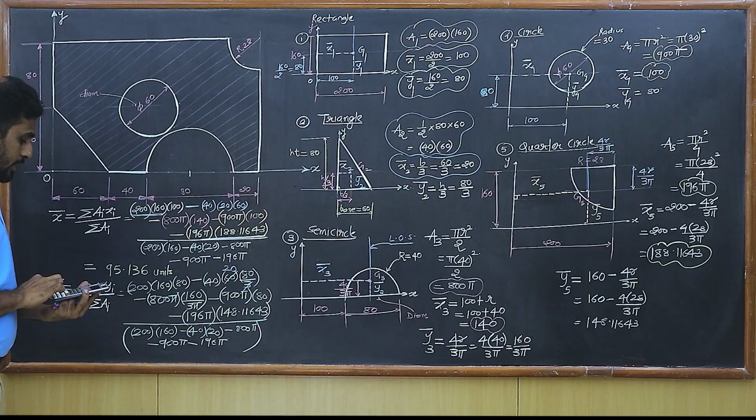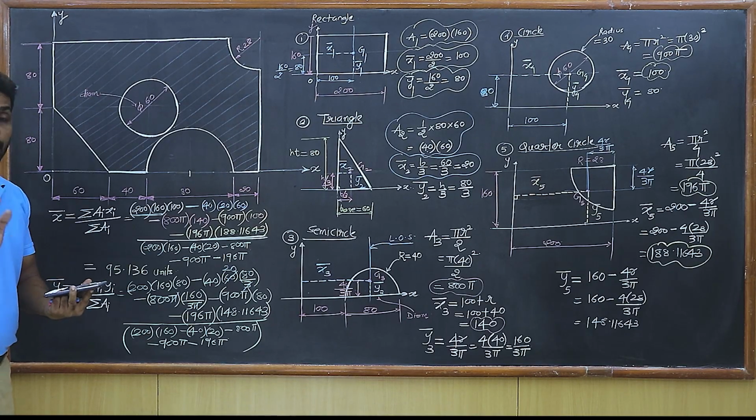Then minus of 800 into 160 divided by 3 it is. Minus of 900 pi into 80. And then minus of 196 pi into 148.11643. That's the entire numerator.